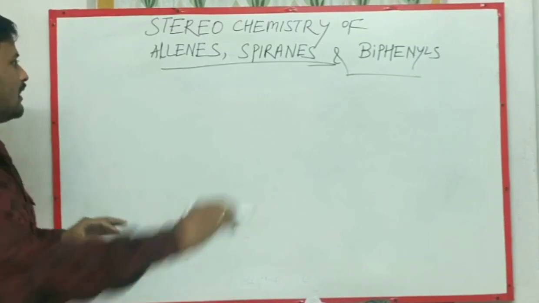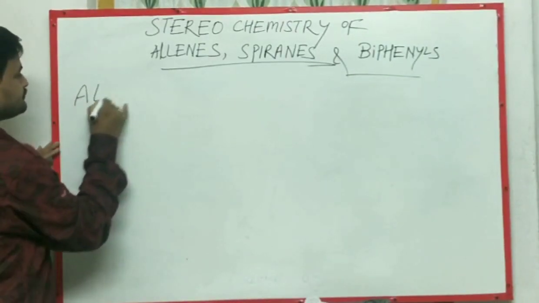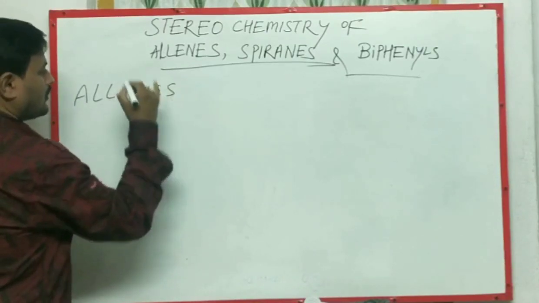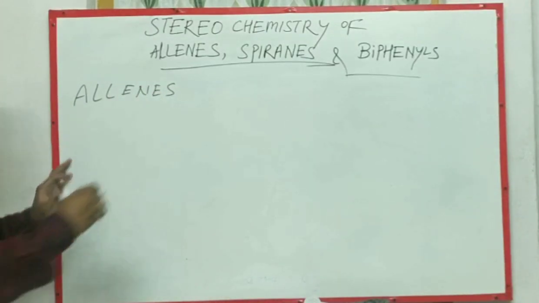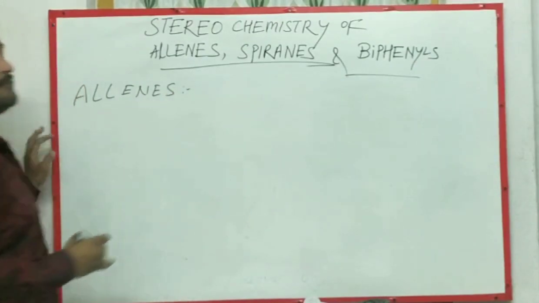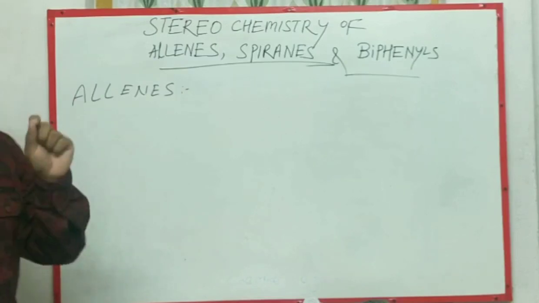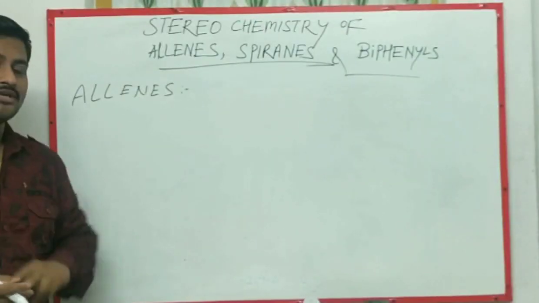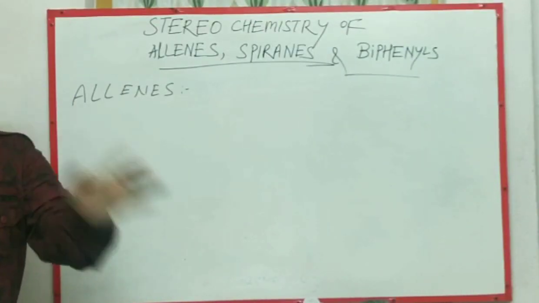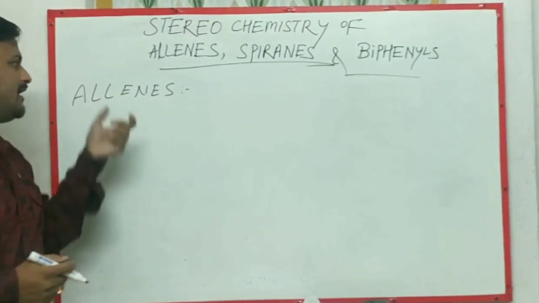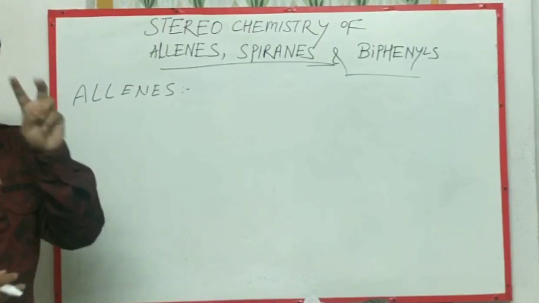The first one, allenes. For optically active allenes, there are two conditions. Whether the allene satisfies the two conditions, it must act as an optically active molecule. What are the two conditions? Any type of allene we take, it must follow two conditions.